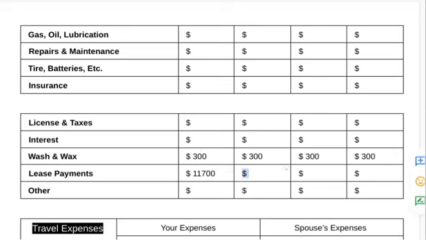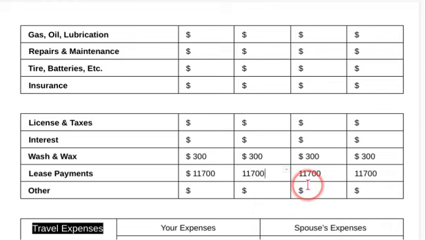And you're gonna put that under each vehicle, because that $11,700 for each vehicle adds up to the $46,000 that you are paying. Right?